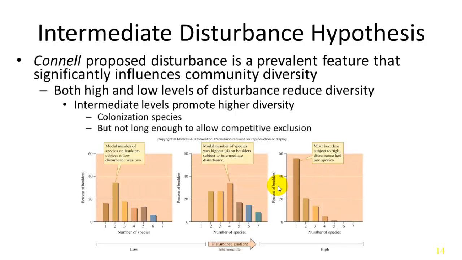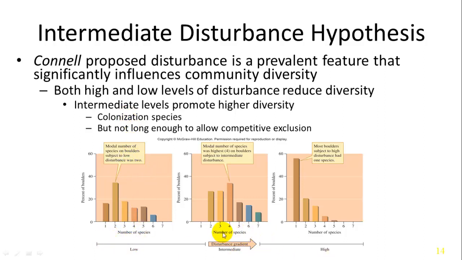So colonizing species will be able to be there if you have intermediate disturbance, and some of these outcompeting species are going to be there as well. So there is a balance between not allowing these species to competitively exclude and not allowing colonizing species to completely outcompete all the others.